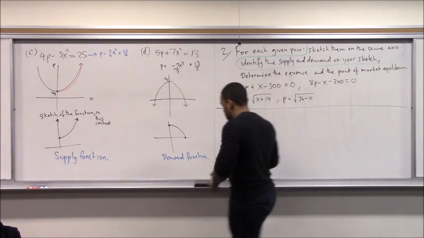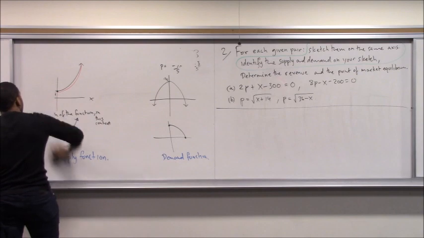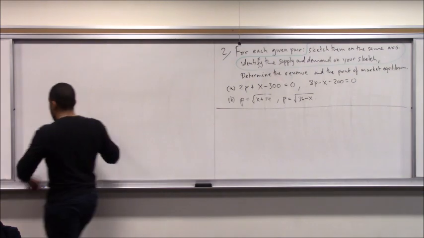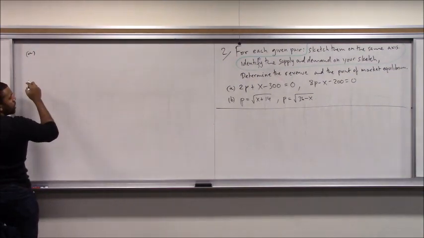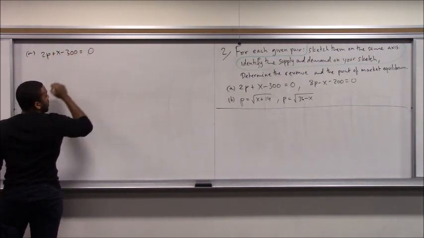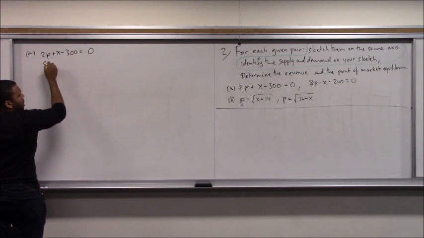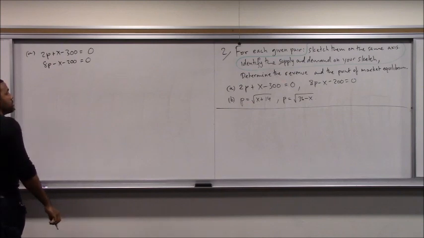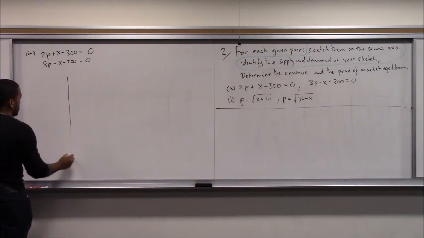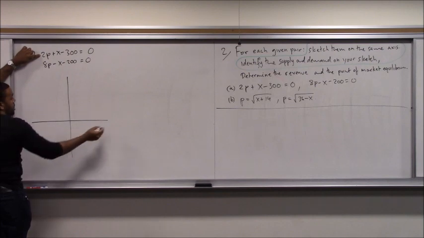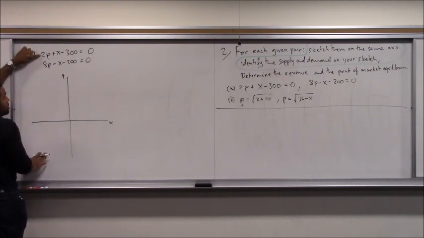Okay, so let's look at A. How do you sketch this one? Let's say I put X here and P here. How do you sketch this?